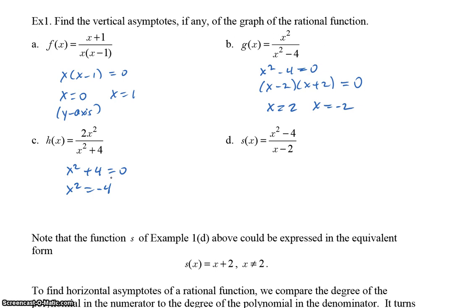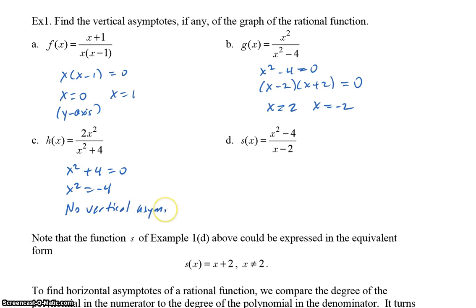Now we know that there are imaginary solutions to this equation, but when it comes to looking for vertical asymptotes of the graph of a rational function, we have to look for real number zeros of the denominator. So this function has no real number zeros of its denominator. So our conclusion has to be that there are no vertical asymptotes of its graph.